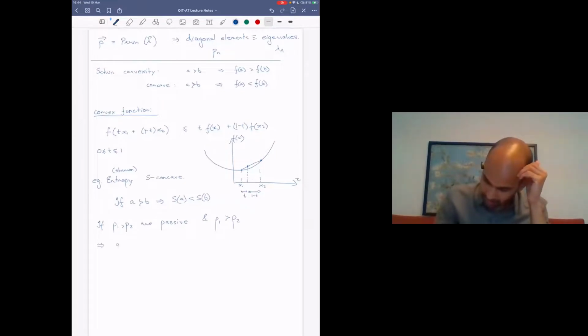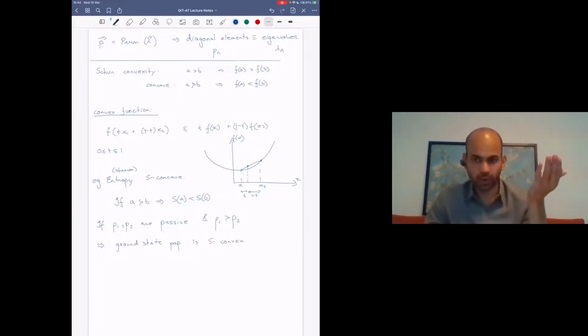Then I have that the ground state population also follows the same thing. So this is Schur convex.